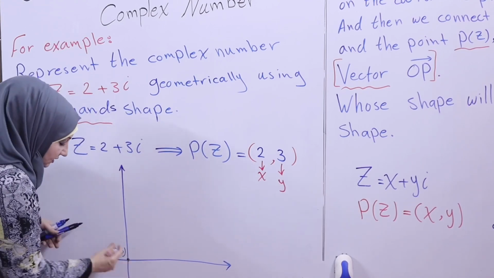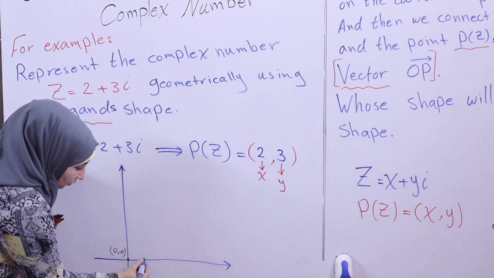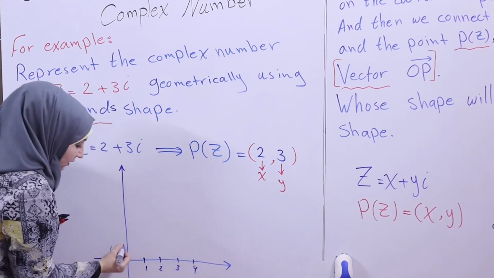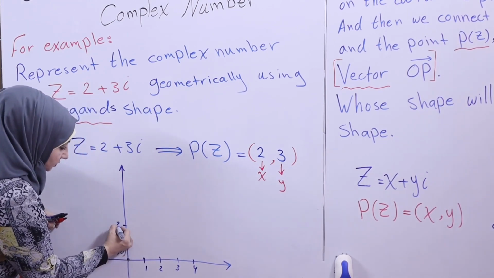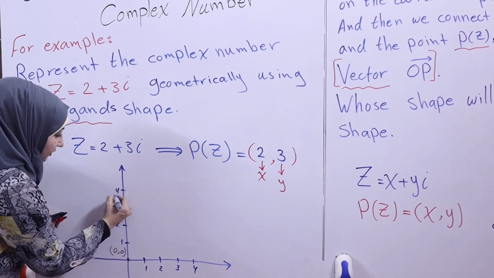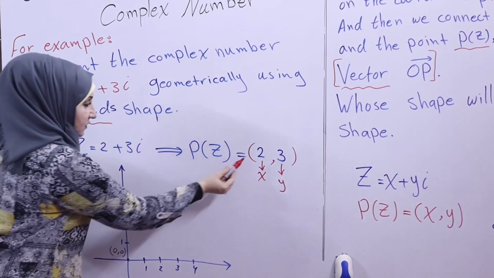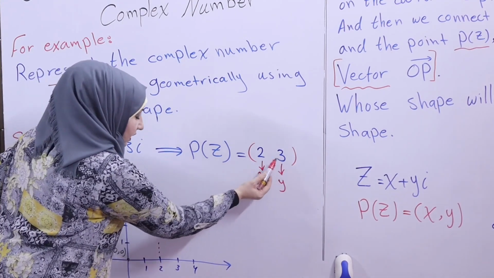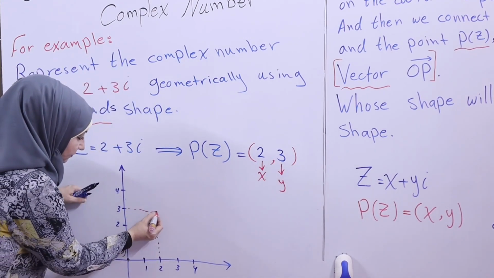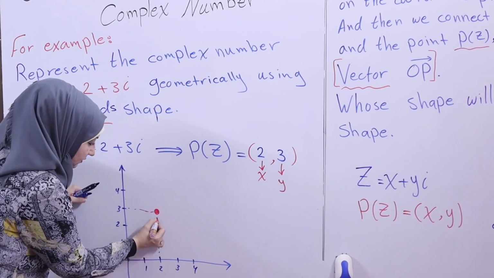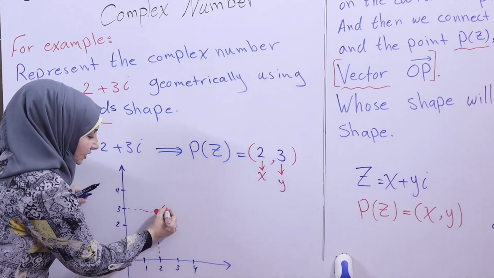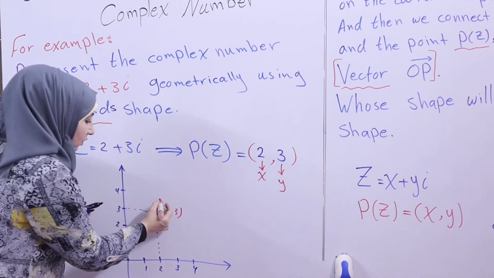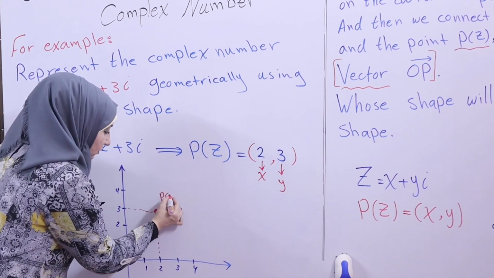So x equal 1, 2, 3, 4, and y 1, 2, 3, 4. So the first coordinate is 2, and the y coordinate is 3. So this point represents the order pair 2, 3, which represents the point of Z.